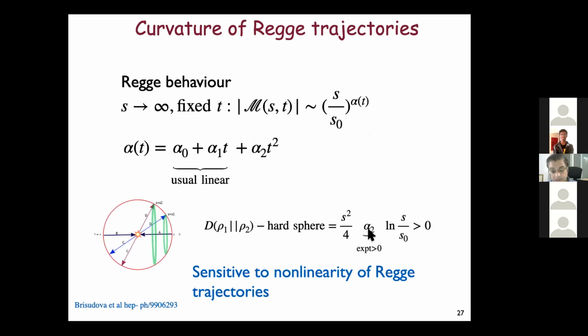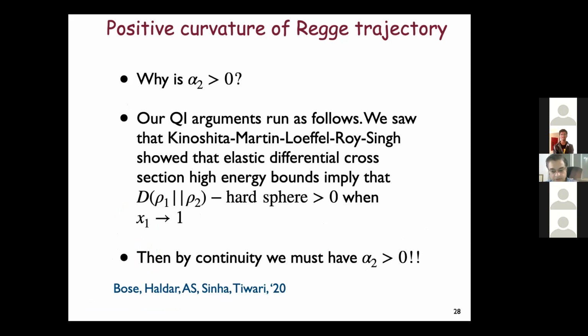And this is quite nice because experiments seem to suggest that the curvature, this alpha 2, should be positive. So this dq is sensitive to this nonlinearity of trajectories, and in fact, you can indirectly argue that this curvature of the trajectories has to be positive. Okay, and this is what I told you: you compare with the high energy bounds, and you will find that alpha 2 is bigger than 0.